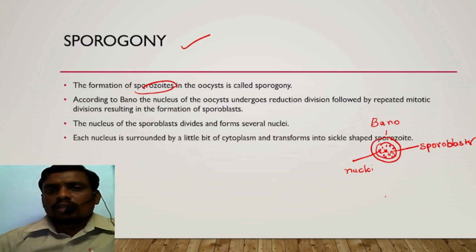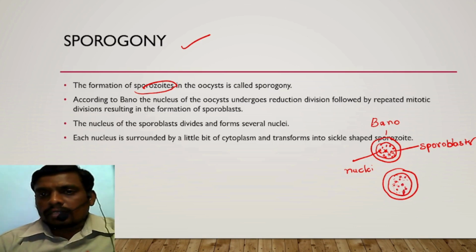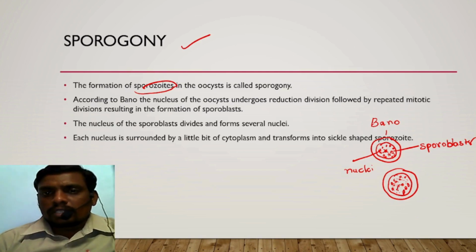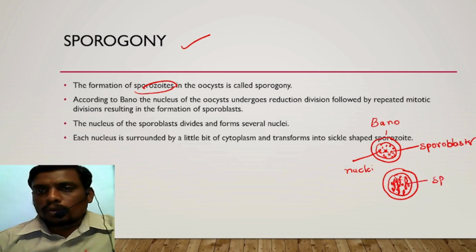Each nucleus is surrounded by a little amount of cytoplasm and transforms into a sickle shaped structure, which is called a sporozoite.